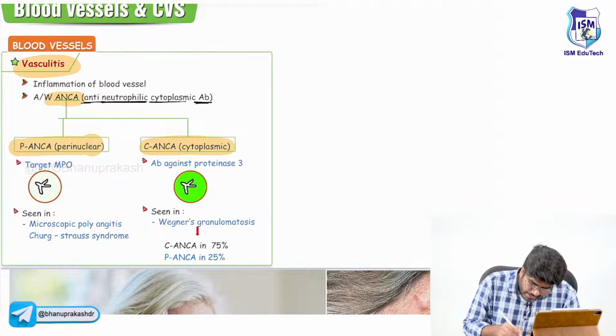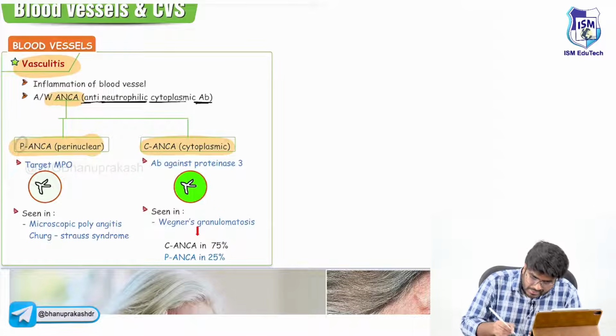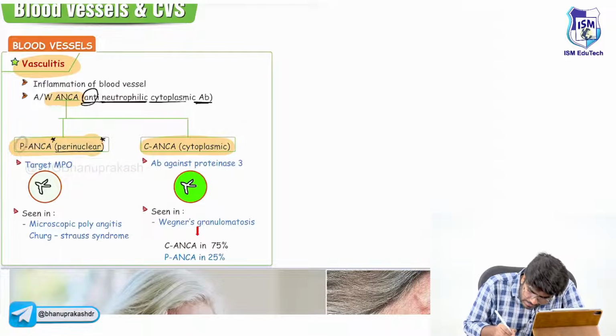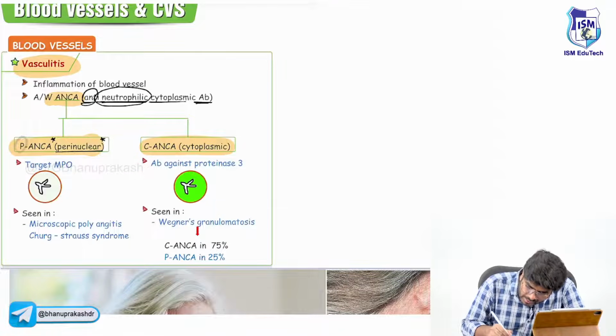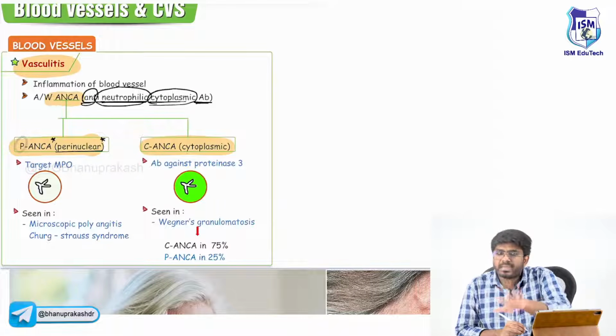Now, what exactly does P ANCA stand for? P for perinuclear ANCA. Antibodies are produced against the neutrophil. See, the name, anti-neutrophilic. Where are the antibodies going? Antibodies are going and attacking the cytoplasm. Anti-neutrophilic cytoplasmic antibody, but then what is this P ANCA, sir?